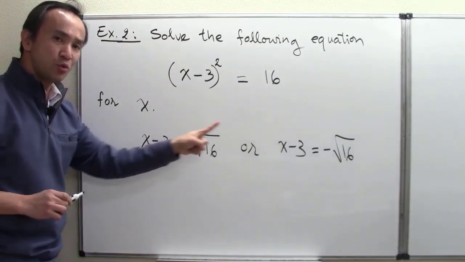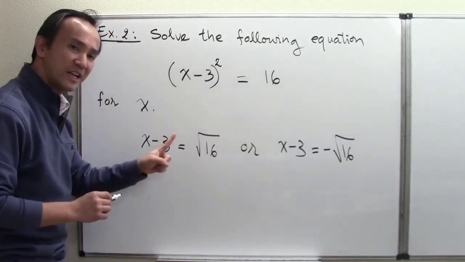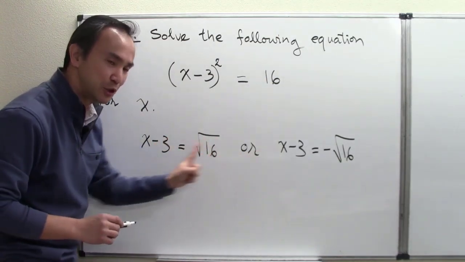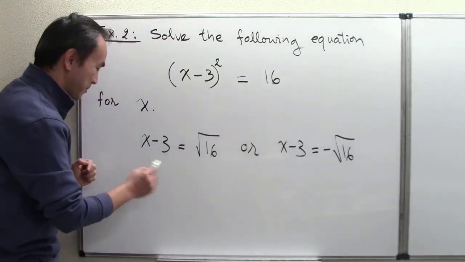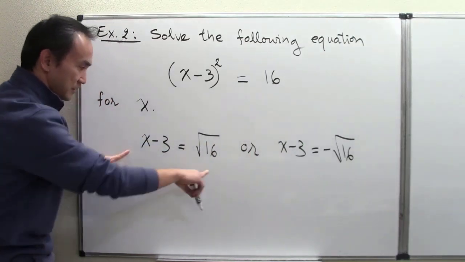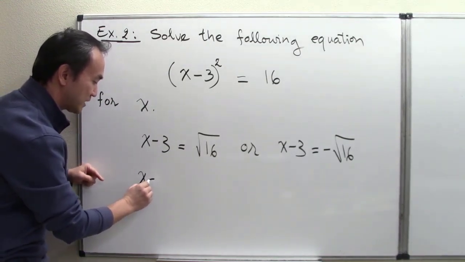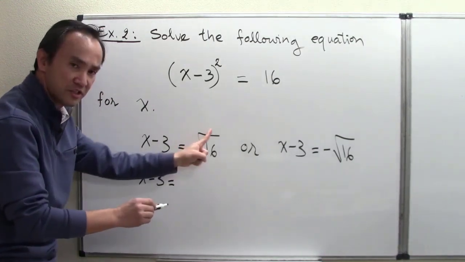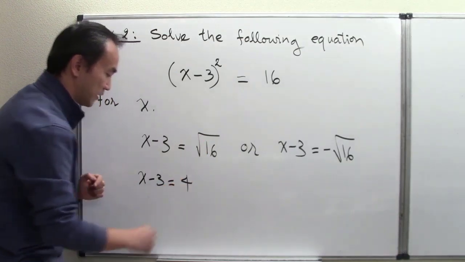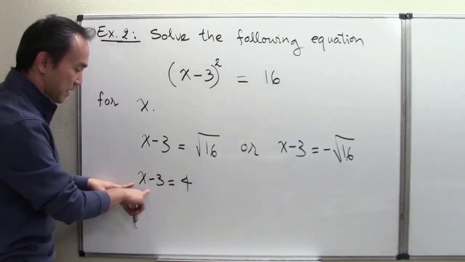But now I realize that I have produced for myself two separate little equations. The one I wrote on my left-hand side reduces down to x minus 3 equals the square root of 16, which is simply 4. So now I have x minus 3 equals 4.